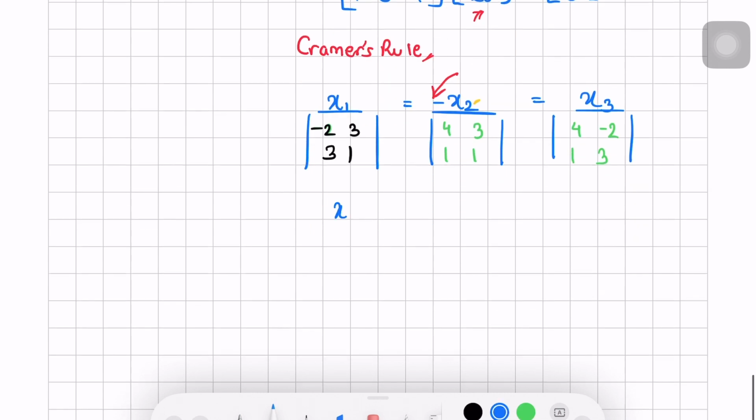So simplifying this, we get x1 upon the determinant of this, which will be minus 11, minus x2, remember this minus, upon the determinant of this, which would be minus 1, is equal to x3 upon the determinant of this, which would be 14.